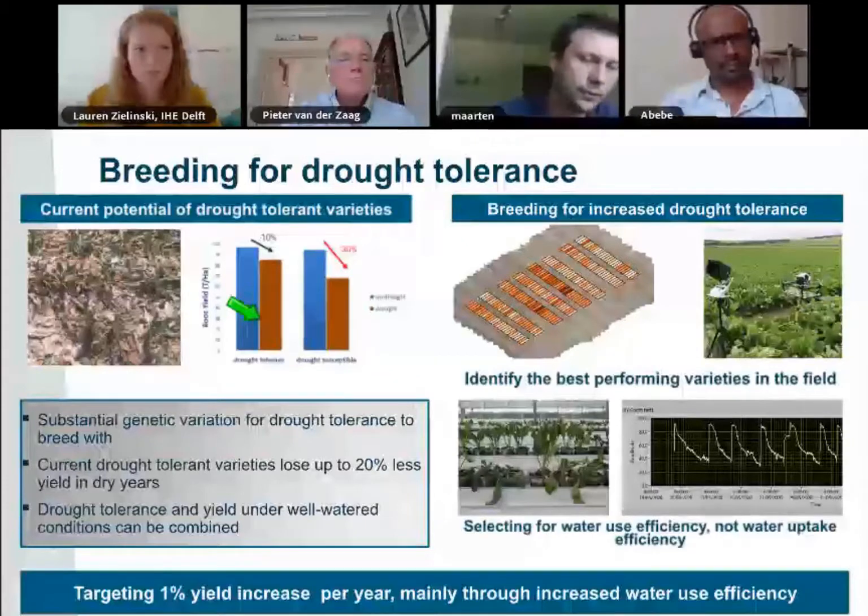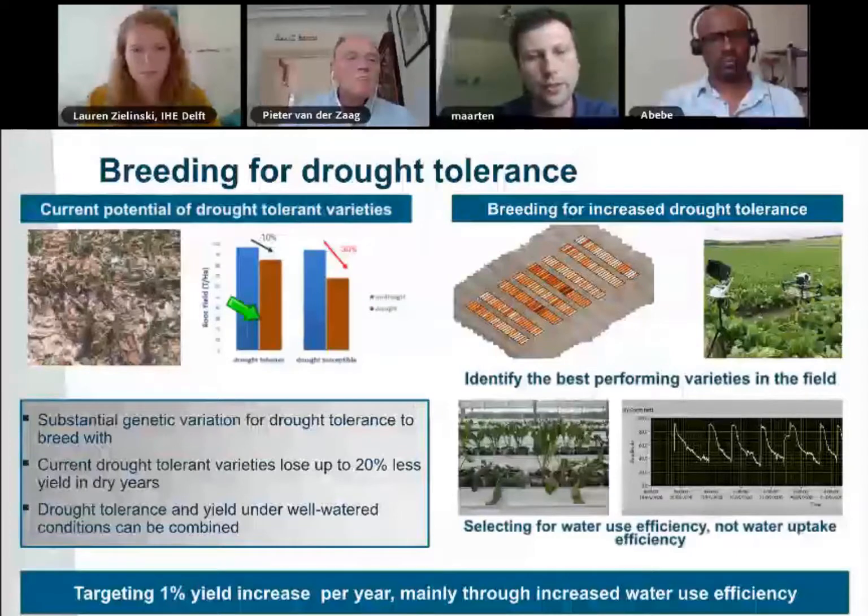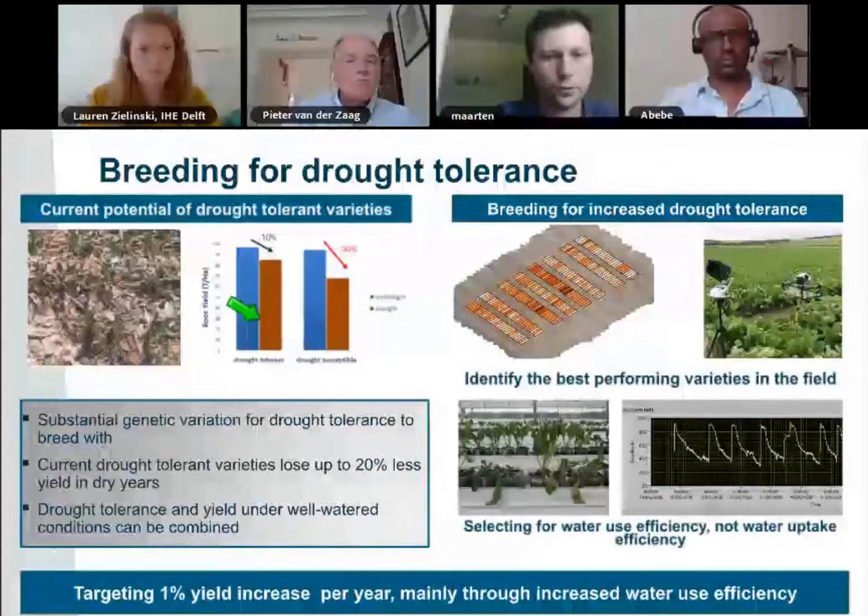Those varieties we take to indoor greenhouse screening platforms where we verify whether this increased drought tolerance is triggered by an improved water use efficiency rather than an increased water uptake efficiency, because the latter, we believe, is not really a sustainable strategy, as it will only further deplete the soil water availability. So we mainly focus on increasing water use efficiency, and we experience that this is possible without triggering any yield penalties.